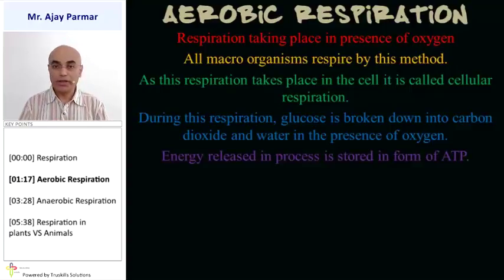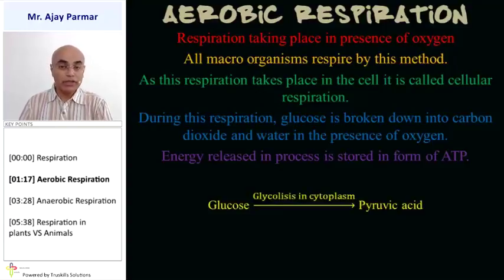Energy will be released, and that energy is not utilized all at once. Not every amount of energy is utilized at exactly the same time, but a part of that energy will be stored in our body in the form of ATP, that is adenosine triphosphate. The first part of the equation of aerobic respiration is that glucose is converted into pyruvic acid.